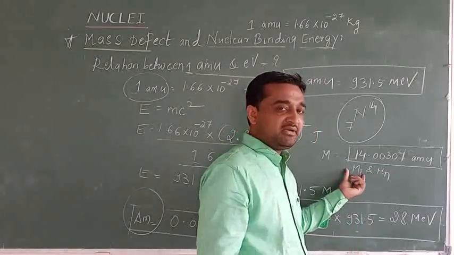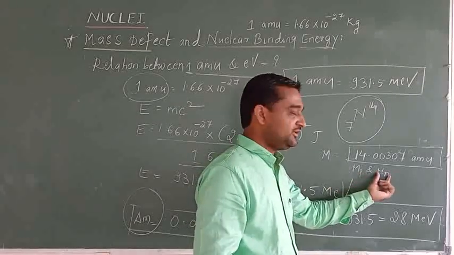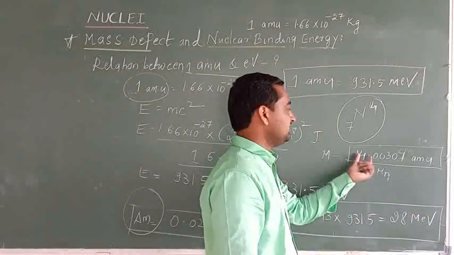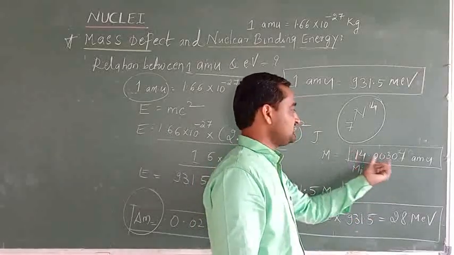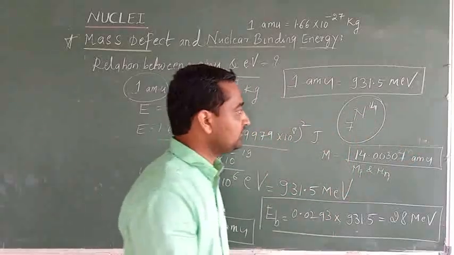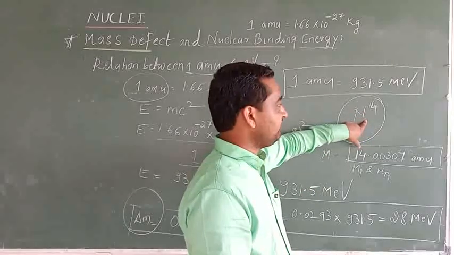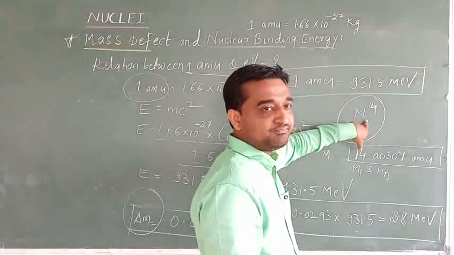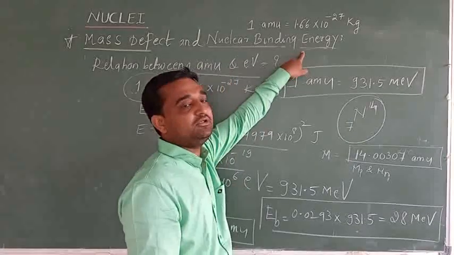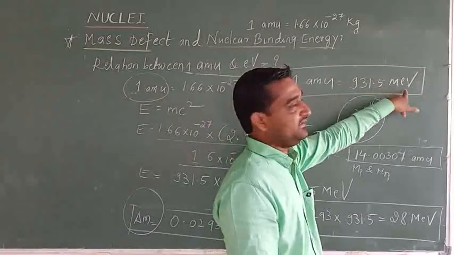So by using the mass of the proton in terms of AMU, by knowing the mass of the neutron in terms of AMU, and here the rest mass of the stable nucleus is given in terms of AMU, by using all those values, you calculate the mass defect of the nitrogen nucleus, and also calculate the nuclear binding energy in terms of mega electron volt.